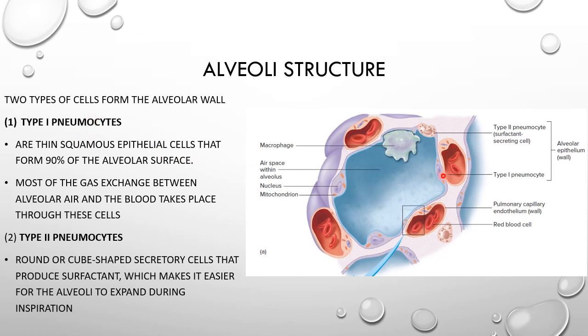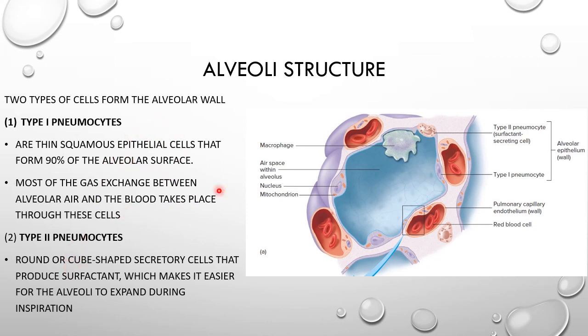They line the majority of your alveolar walls, and they are thin squamous epithelial cells. Most of the gas exchange between alveolar air and the blood takes place through these cells, no? Yung gas exchange happens in your type 1 pneumocytes.